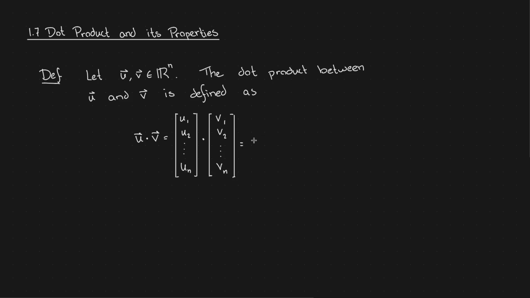So I'm going to multiply first component of u with first component of v, and second component of u with second component of v, and so on. So I get to the end. And then I add them all together.